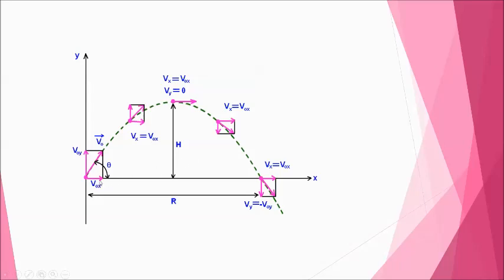So this one has a horizontal aspect and a vertical aspect. Using trigonometry, let's see how we can get the horizontal aspect. By the way, before I continue, ito yung complete projectile trajectory. And this is the maximum height that it could reach. And this is the range of the projectile. The range is the horizontal distance covered by the projectile.